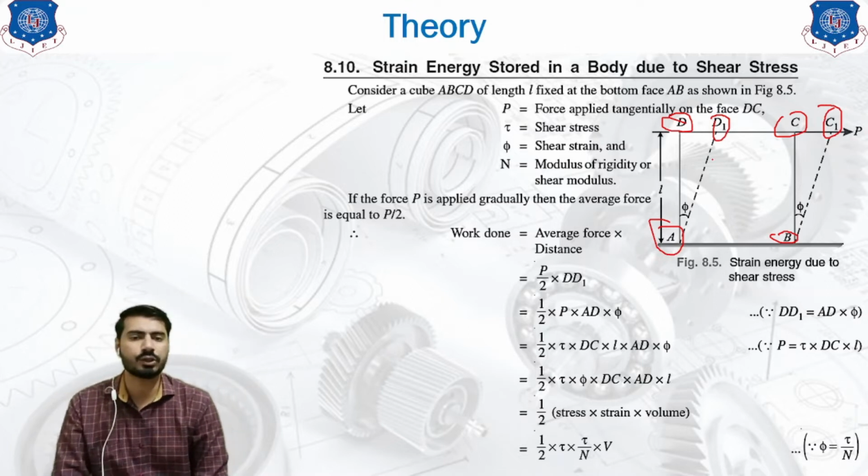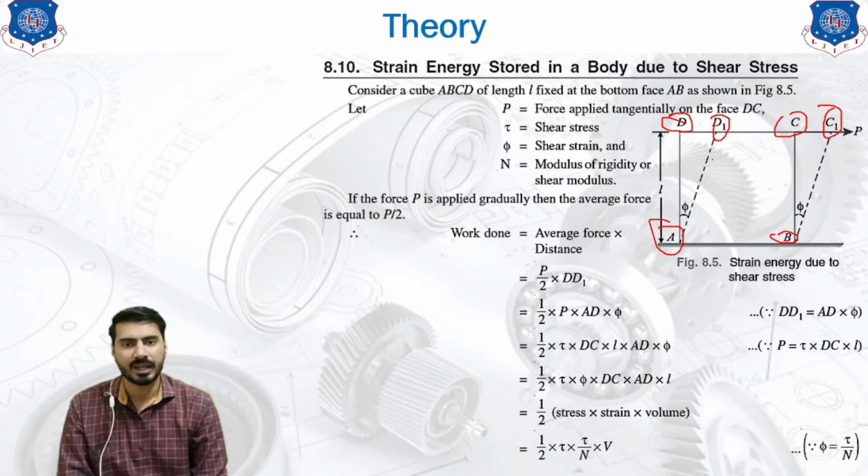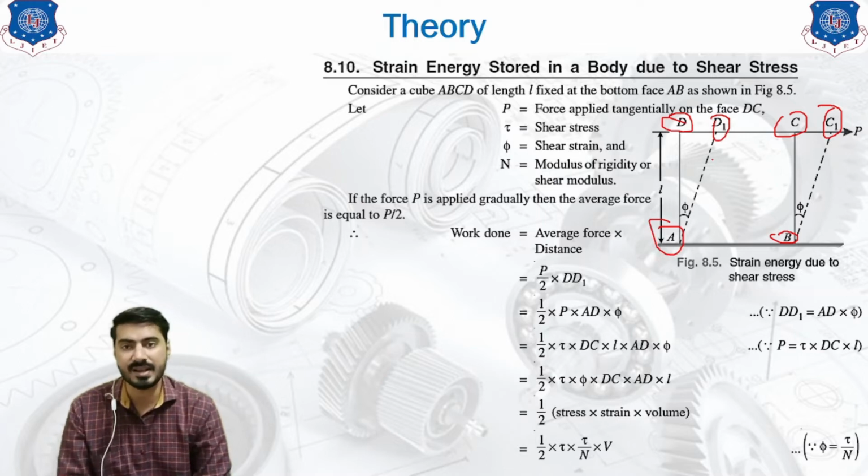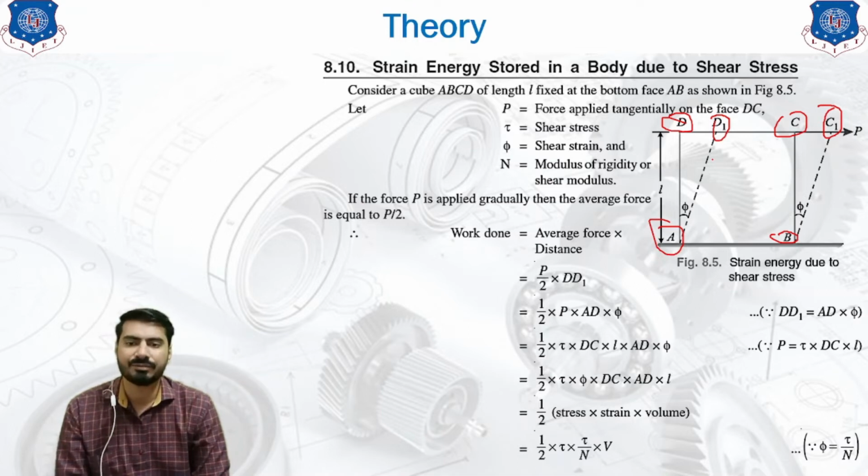Consider the cube ABCD of length L fixed at the bottom face AB, as shown in the figure. The force P is applied tangentially on the face DC, and the tangential direction indicates that it will create shear stress. Tau is our shear stress, phi is our shear strain, and N is the modulus of rigidity or shear modulus.